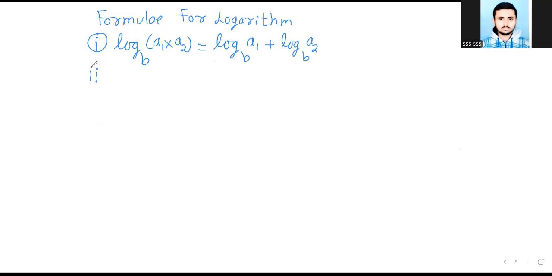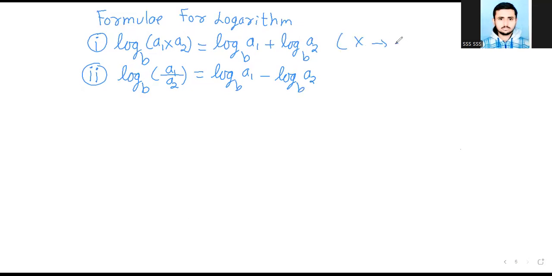The second says log of a1 upon a2 to the base b is equal to log of a1 base b minus log of a2 base b. So for the first rule, multiplication changed to addition.